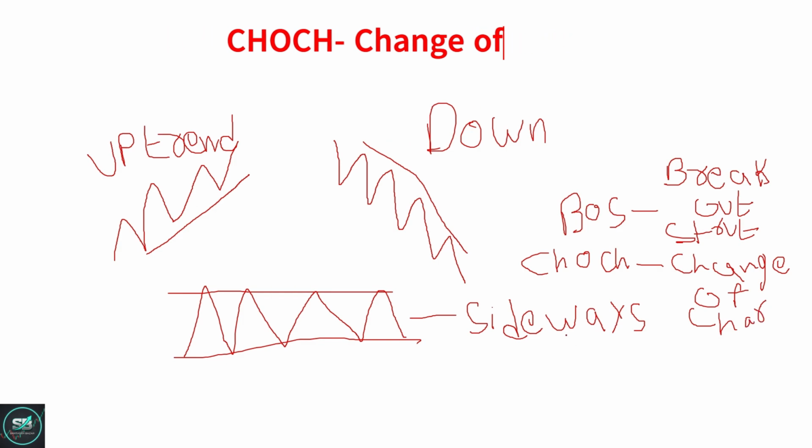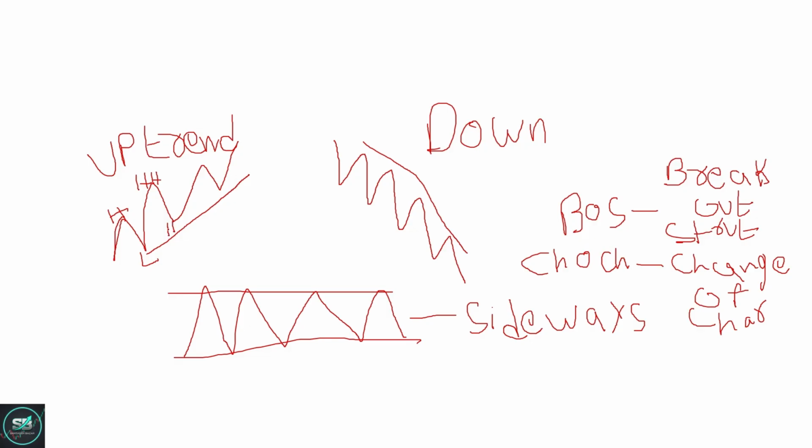When price breaks above the previous high, the trend is continuing. That is called a break of structure. Now if you see here, this is the high and this is the low. And this is the higher high and this is the higher low.